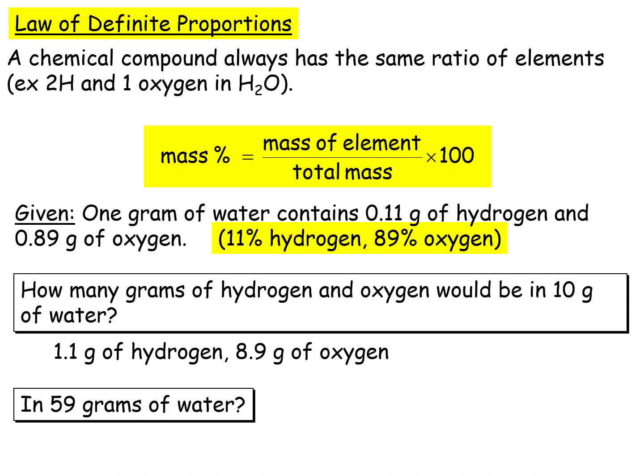But if all you had was the percentages, you can say, all right, well, I'm going to take 59 grams total times the 11% in decimal form. Remember, you have to convert it back into decimal before you can multiply it. And that gives you 6.5 grams of hydrogen.